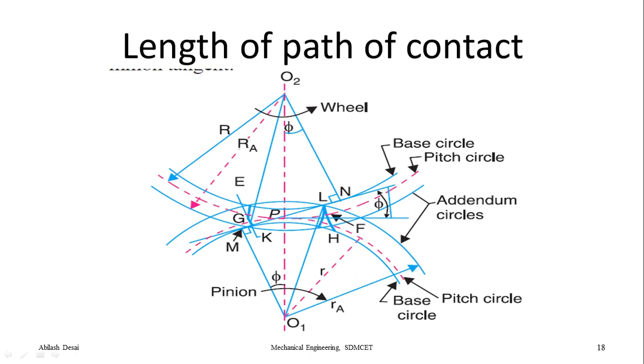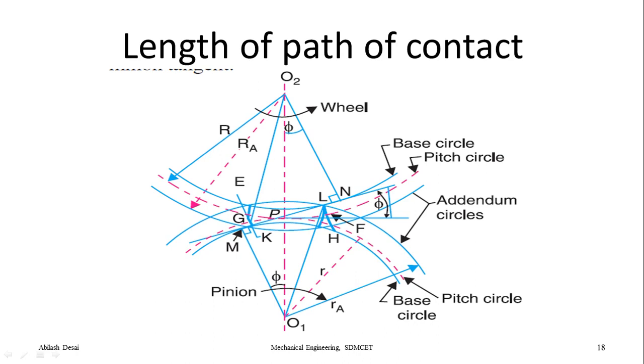Then the radius of the addendum circle is given as small r A, measured from O1 to the addendum circle.